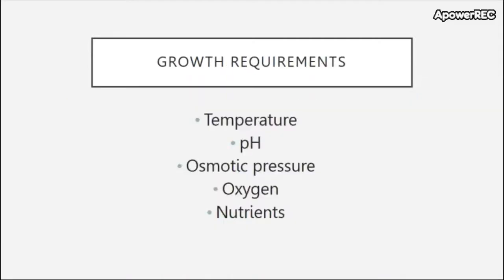Okay, so for growth, there are several requirements. Some of these are abiotic in nature, and some of them are biotic. We have to worry about things like temperature, the pH of the solution or medium they're growing on, the osmotic pressure, the oxygen levels, and the nutrients.